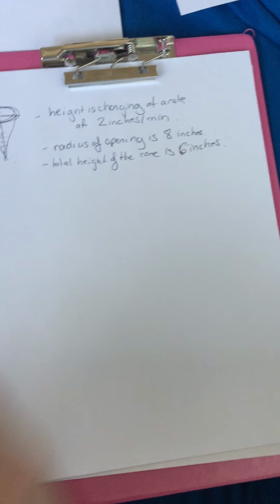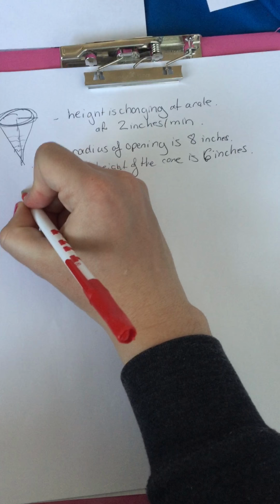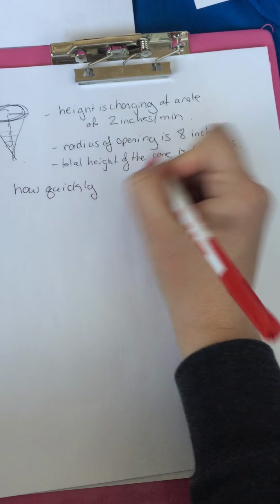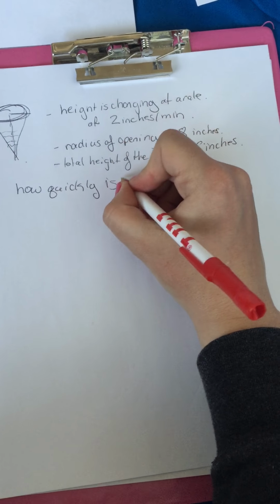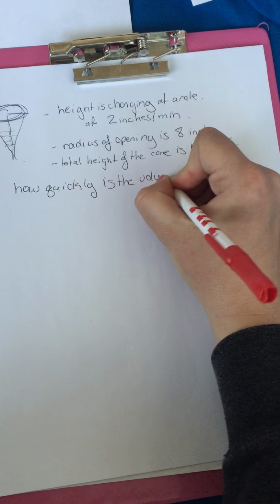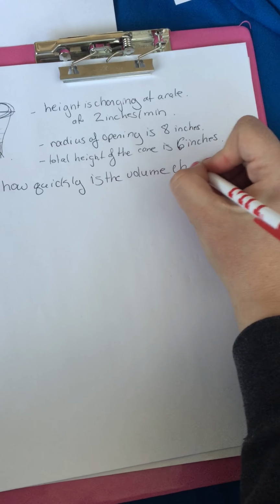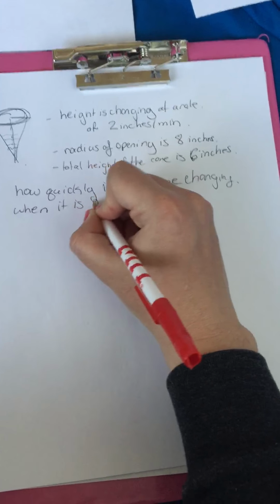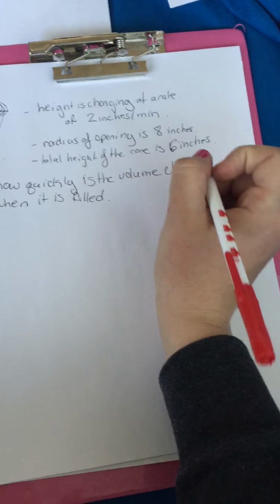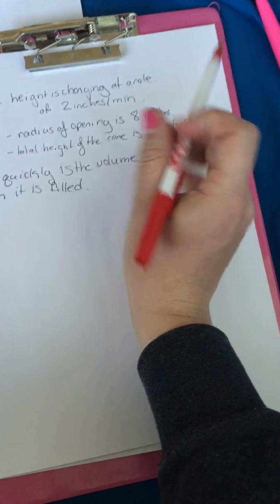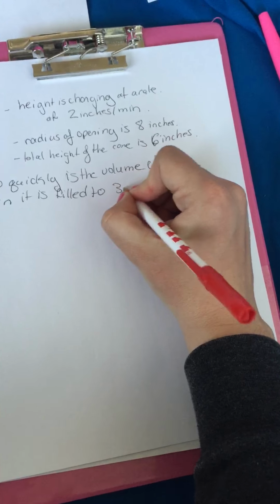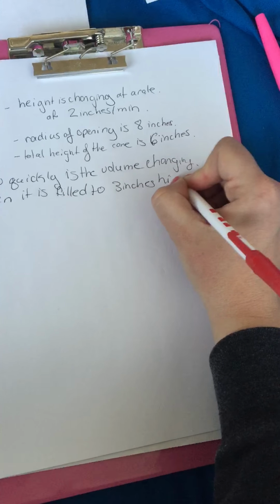That's all the information. Or no, we have to know what we're looking for, and we're saying how quickly is the volume changing. So how quickly are we pouring water into this thing when it is filled to 3 inches high?